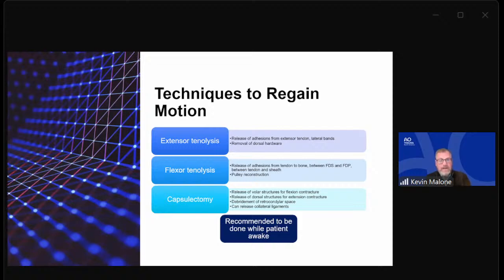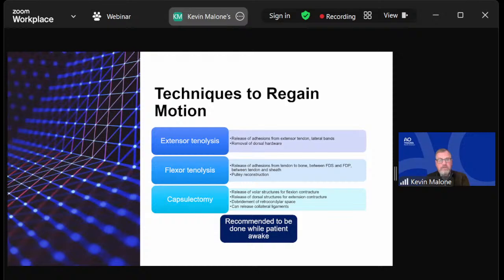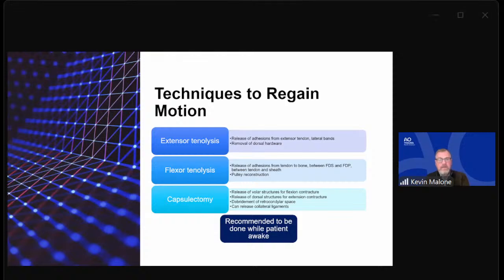Once either extensor or flexor tenolysis is done, capsulectomy may be needed as well to get the joint mobilized. It is important to recognize the potential for fibrosis of the retrocondylar space, which could limit active and passive finger flexion. And these procedures are oftentimes more accurate or more successful if done with some degree of patient awakeness, so we can evaluate active as opposed to purely passive range of motion.